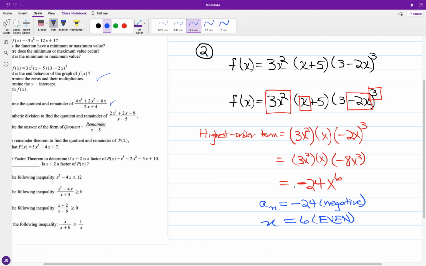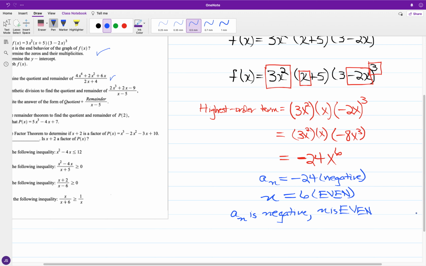That is even. And again, if the degree of the expression is even, then we have the same behavior on both sides, either up at both ends or down at both ends.